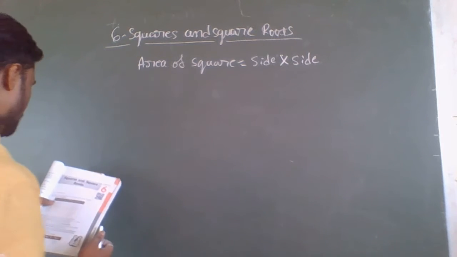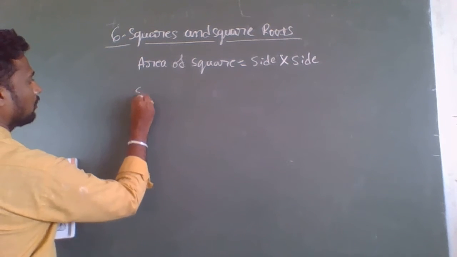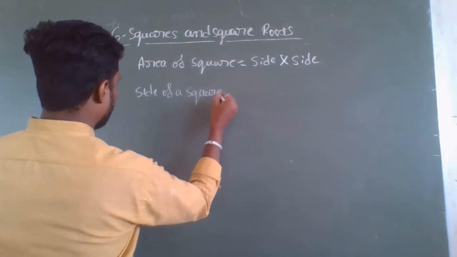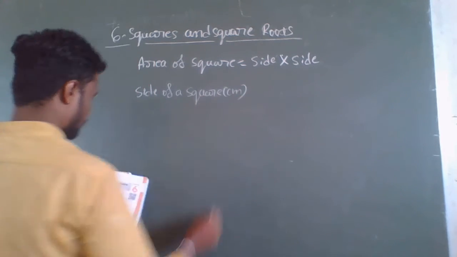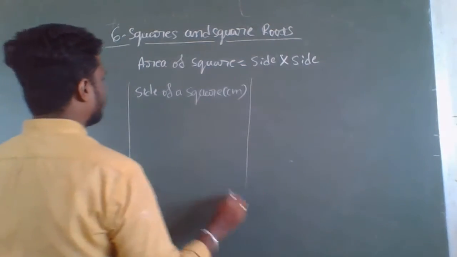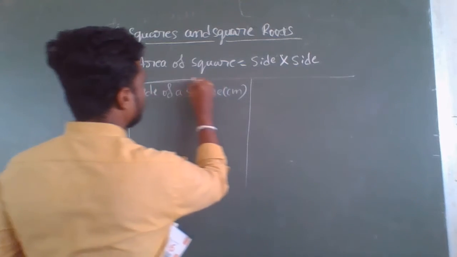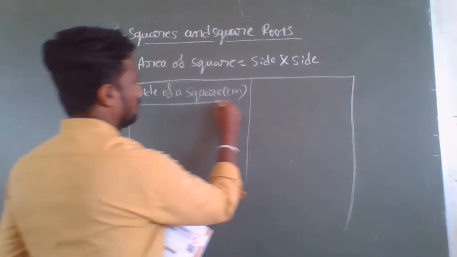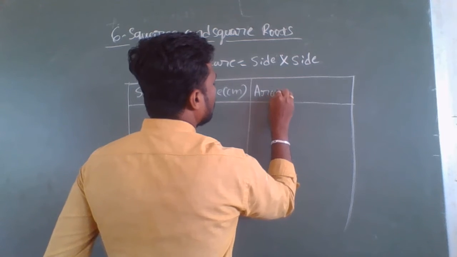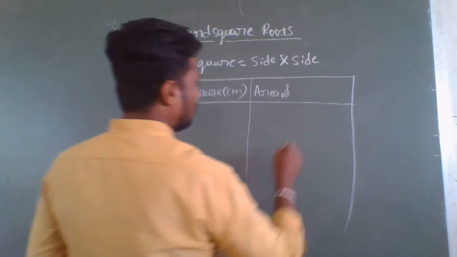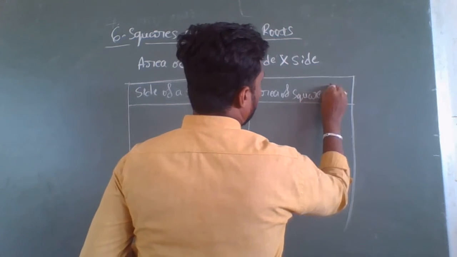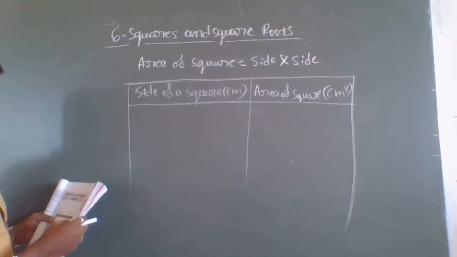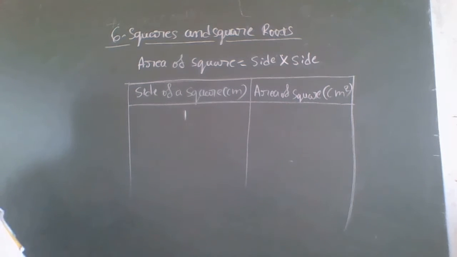In the table, the first column is the side of a square in centimeter, and the next column is the area of the square in centimeter square.